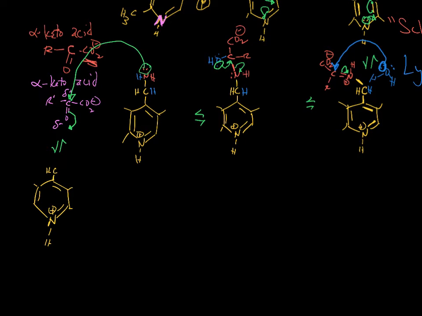Well, no, I guess I can still go ahead and color code it. To the nitrogen, hydrogen. This is really getting to be, it's now attached to that carbon, which has the carboxylate, which has the R prime, which now has the alcohol.